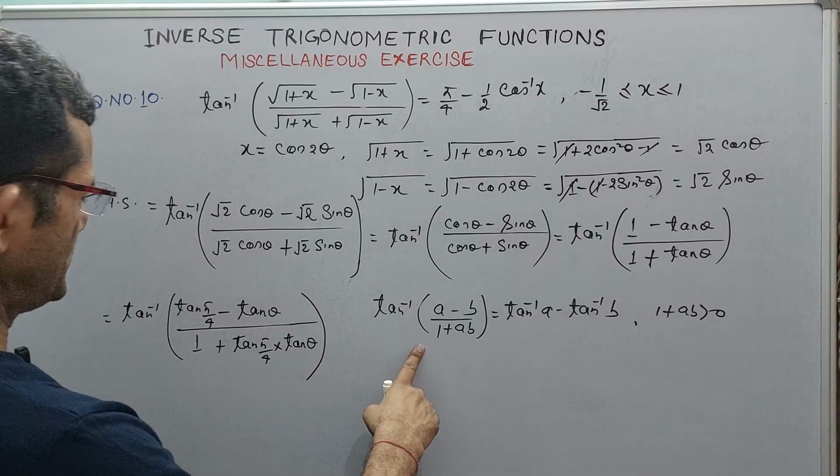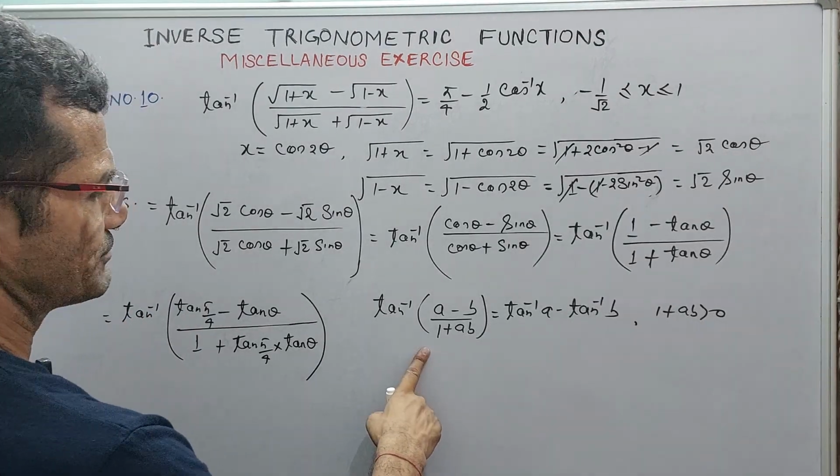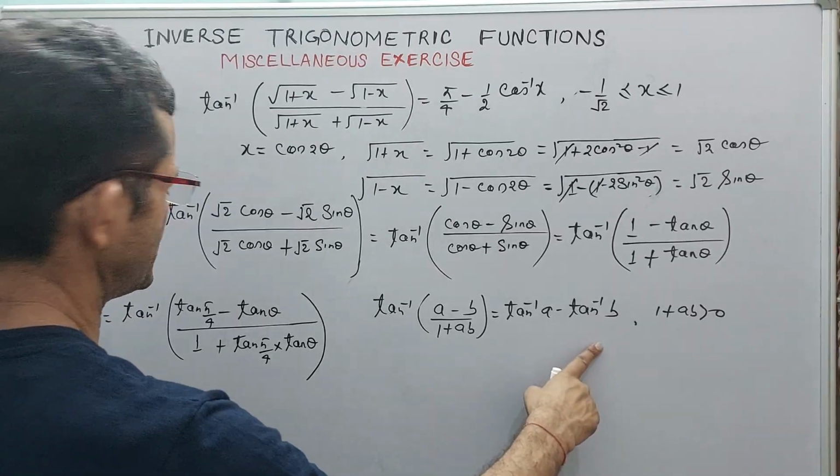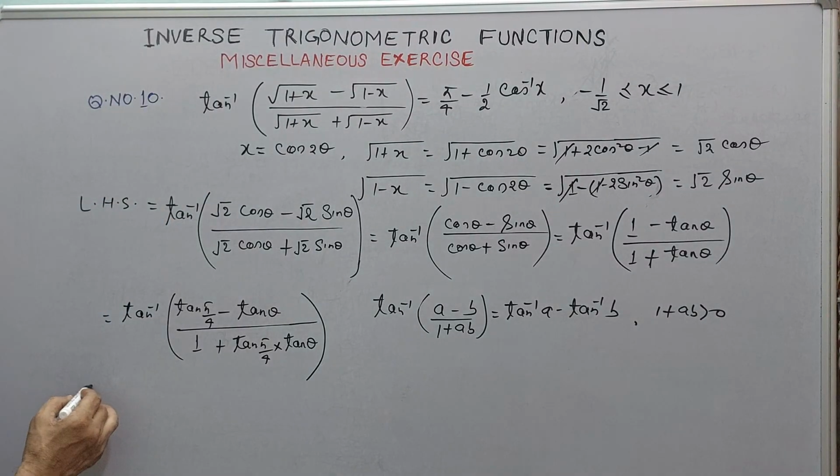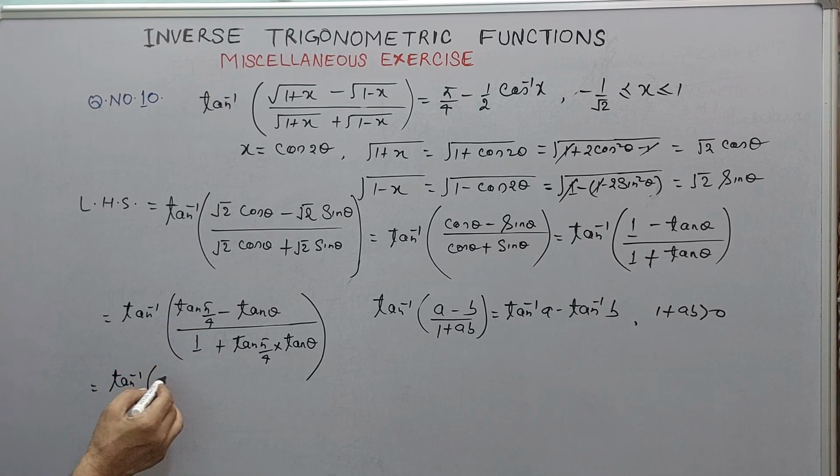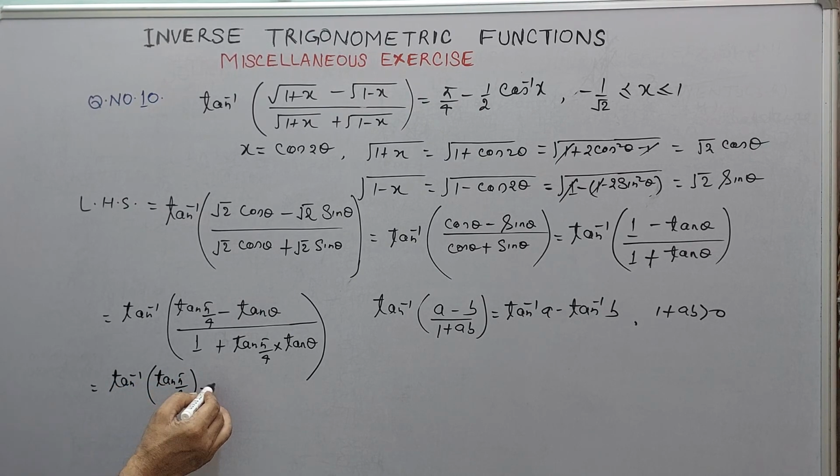Now use this formula, tan inverse A minus tan inverse B. Therefore here tan inverse of tan pi by 4 minus tan inverse of tan theta.